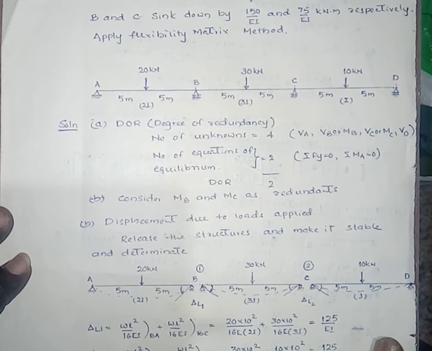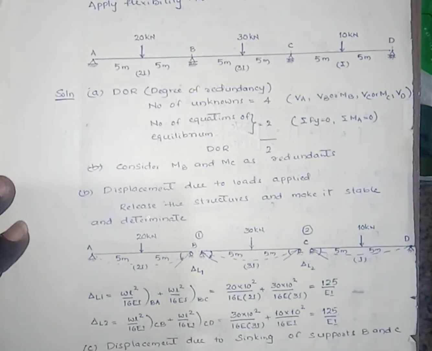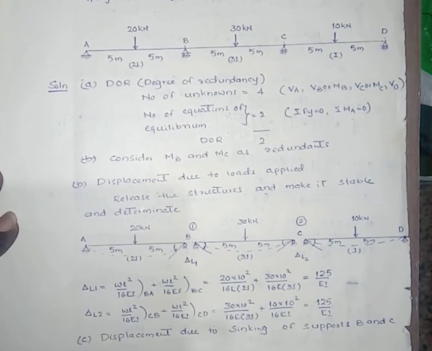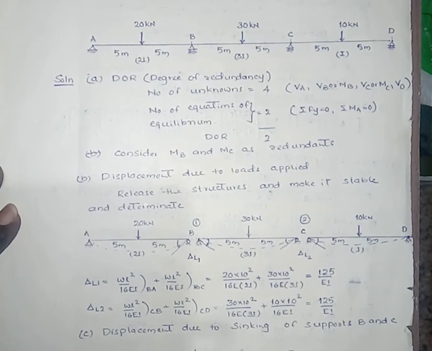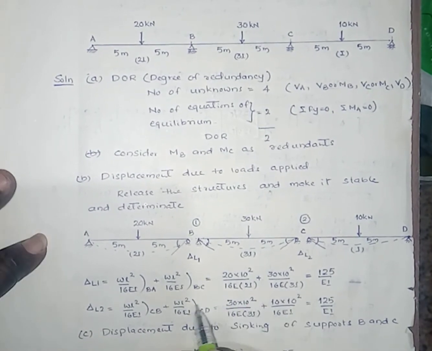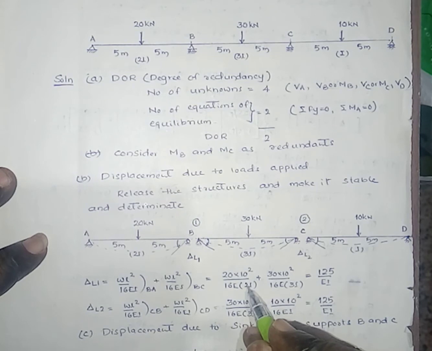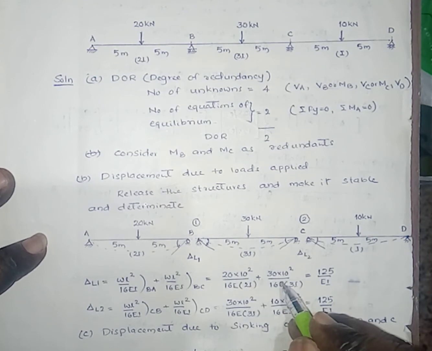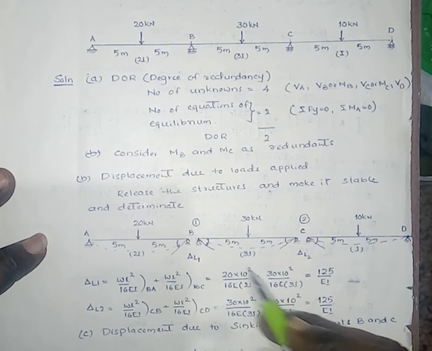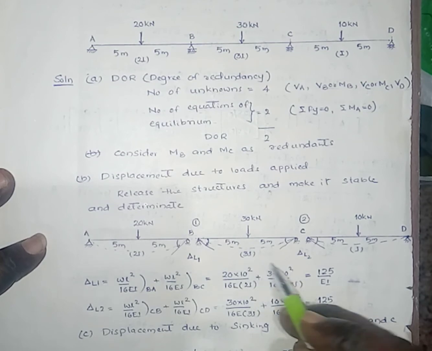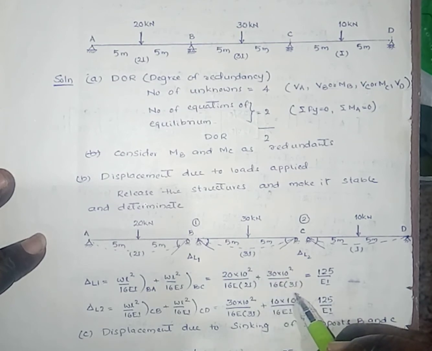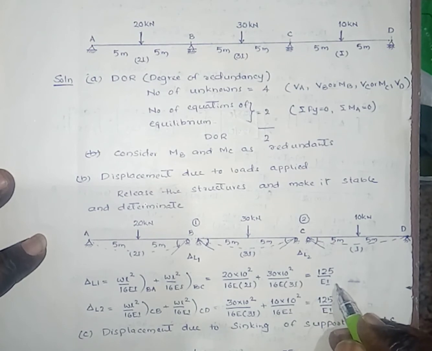By substituting the values of W, L and I, for delta L1 we get 20 into 10 square divided by 16E, with moment of inertia 2I for span BA, plus 30 into 10 square divided by 16E, with moment of inertia 3I for span BC. By simplification, that is 125 by EI.